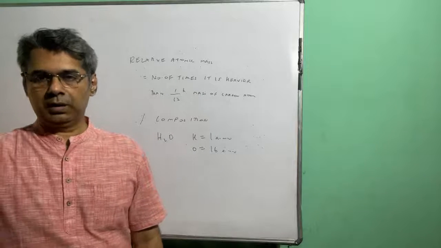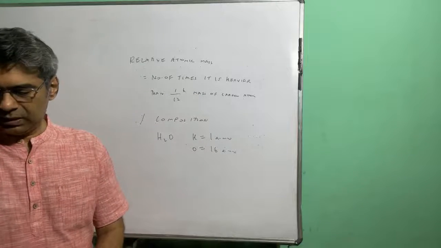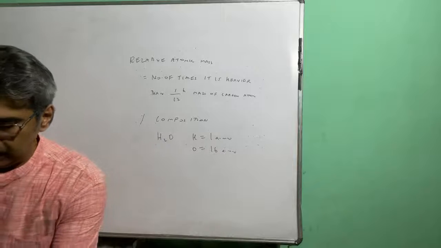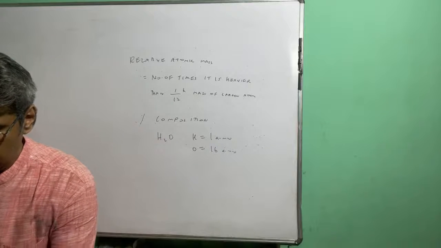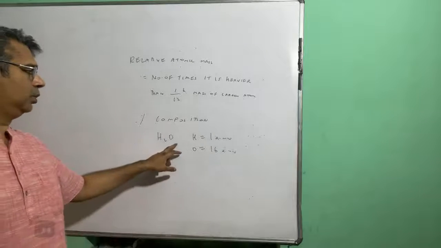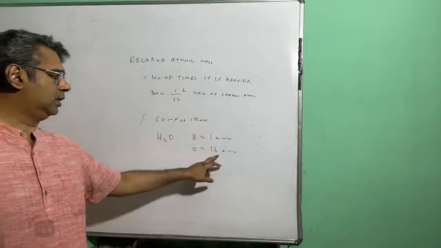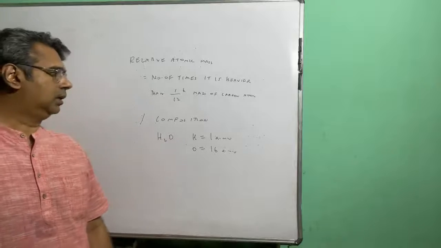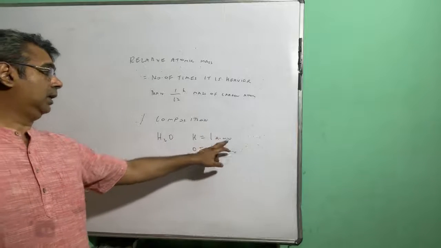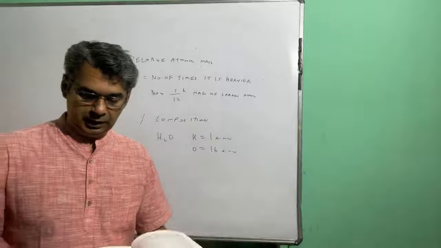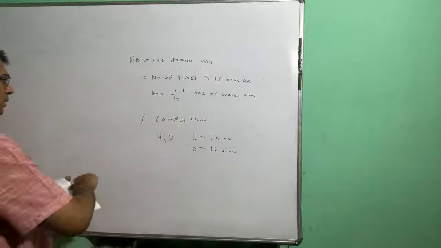Okay, the next topic is percentage composition. Suppose in the molecule of water, all of you know water is H2O, that's a very famous thing. So in the molecule of water, hydrogen is 1 atomic mass unit and oxygen is 16 atomic mass unit, right?